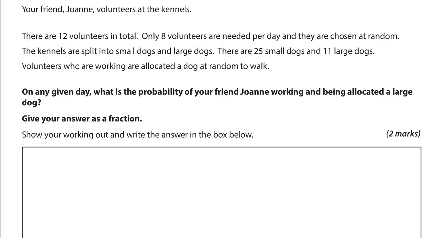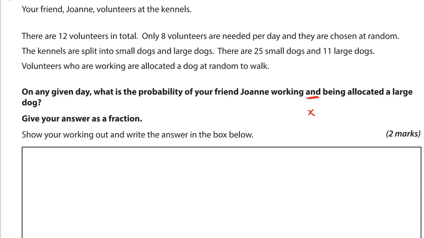So we're looking at 2 things: probability of them working in a day, and then probability of them being allocated a large dog. So we'll do them both, and then we just multiply, because that and there means that we've got to multiply the 2 fractions.